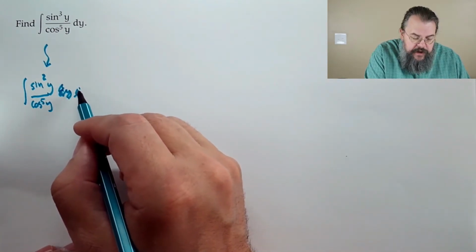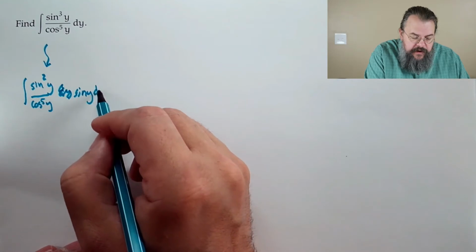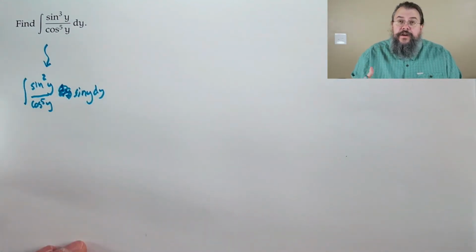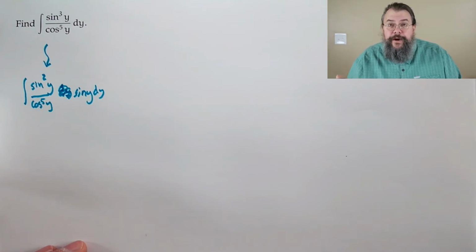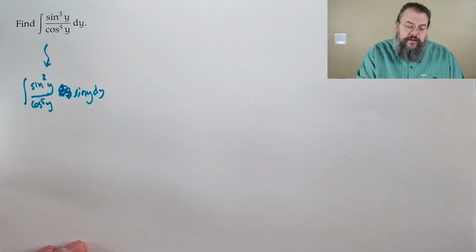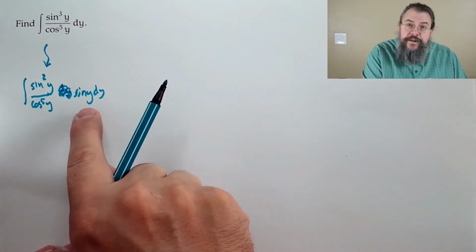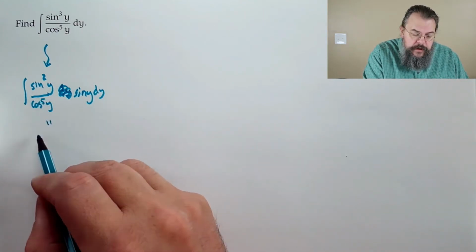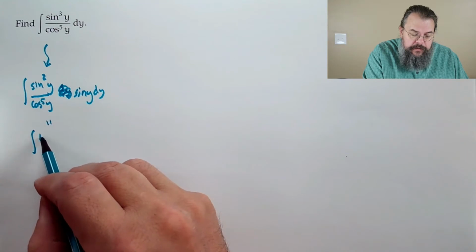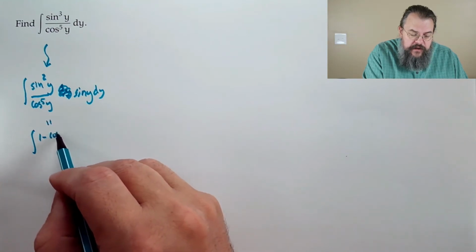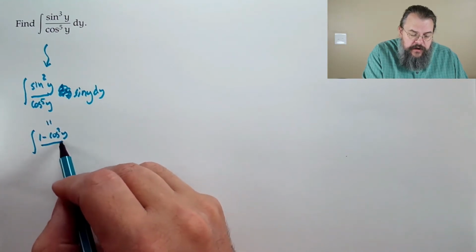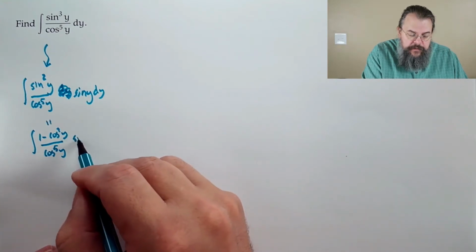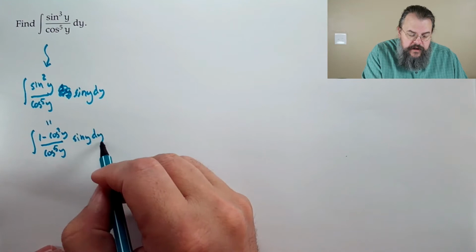I forgot that we pulled that little sine of y to the side. dy. There we go. Now, our challenge, what do we do about the sine squared? Well, because the goal is that's going to become our du. So the sine squared, we say no problem, we can replace that. That becomes 1 minus cosine squared y over cosine to the 5th y times sine of y dy.